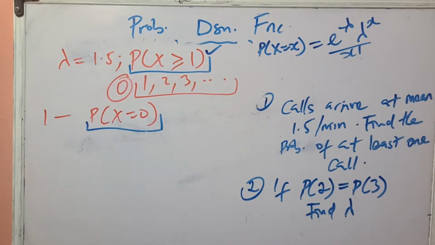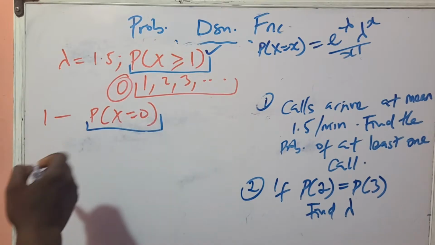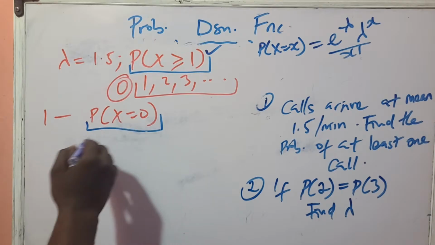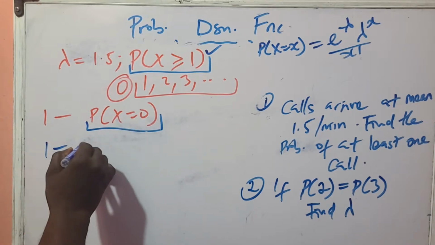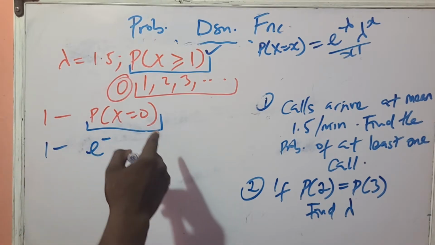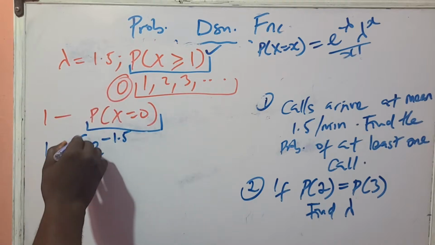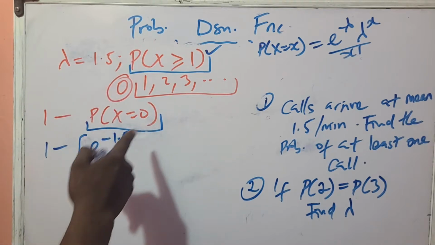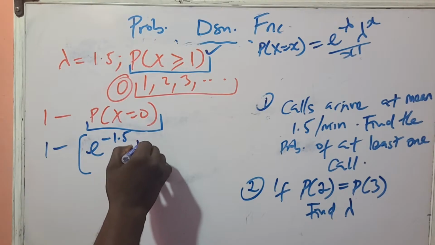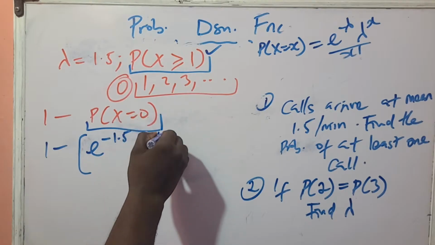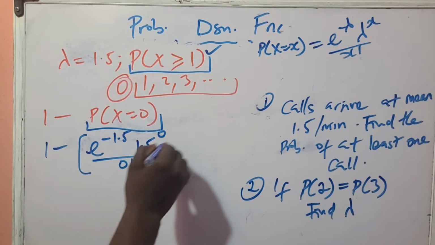So that's the way you solve this. 1 minus probability of x equals 0. You go on to find probability of x equals 0, and obviously that will be e raised to power minus lambda, here 1.5. I prefer to use a bracket when I'm solving expressions like this. So 1.5 raised to power x, here 0, over 0 factorial.